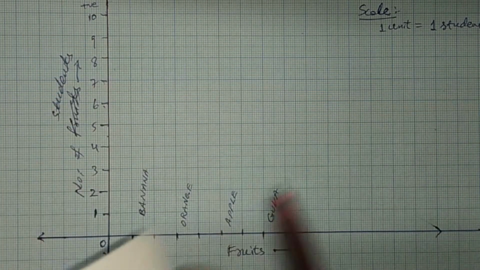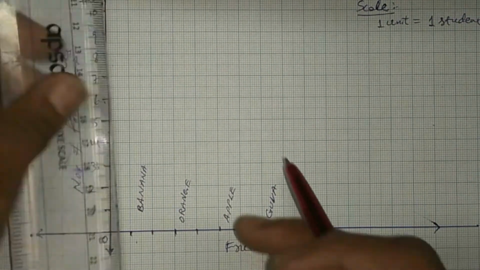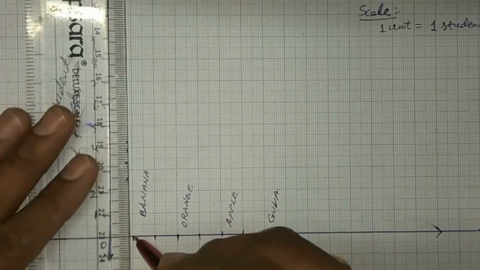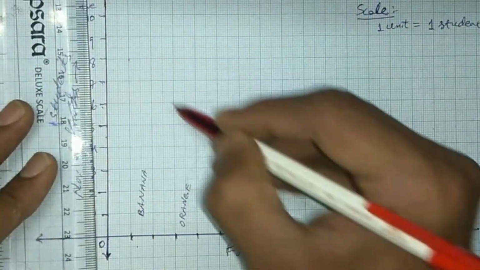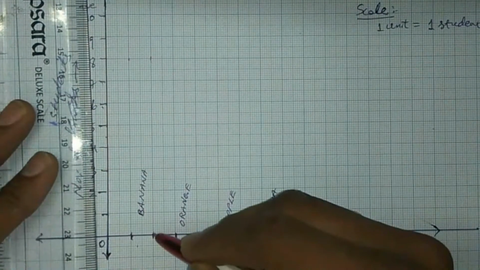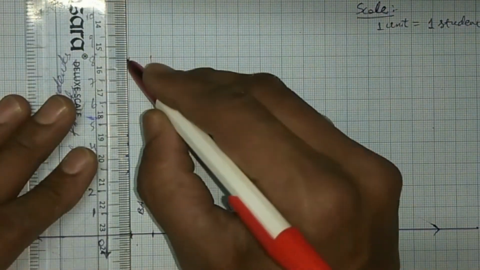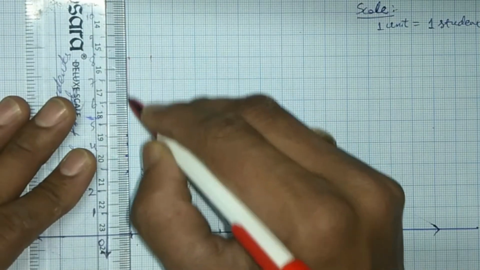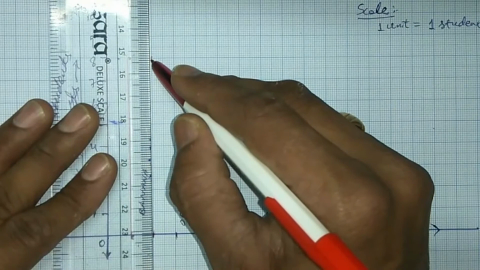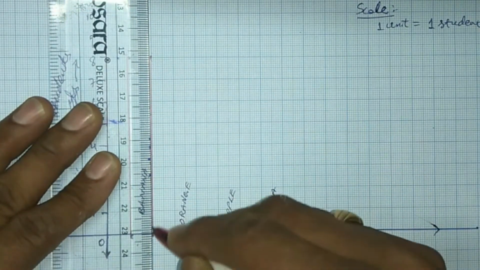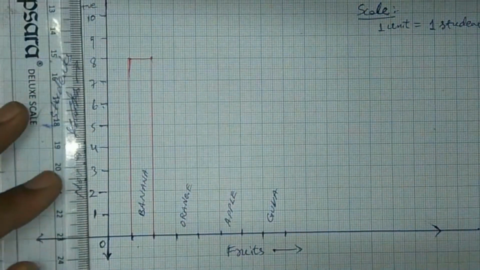Now, we will go for drawing the bar graph. Here I am taking from here till here the bar representing banana. And this is the bar representing banana.